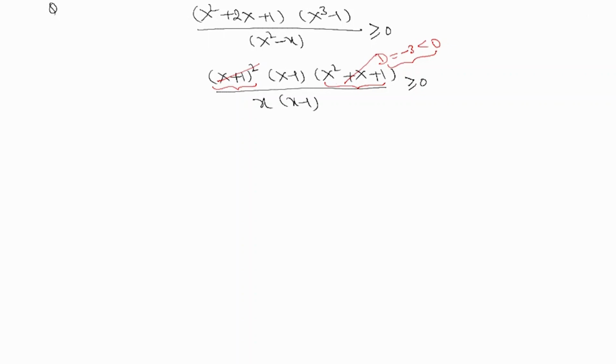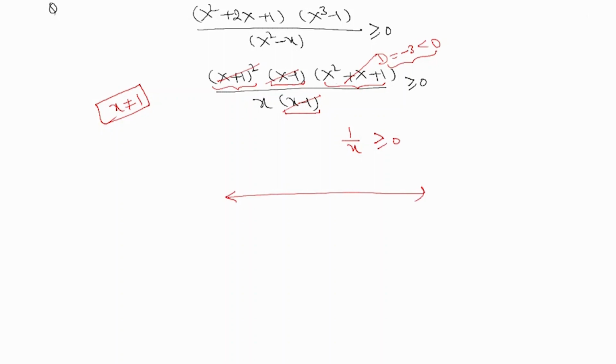Now what I see is x minus 1 in the numerator and x minus 1 in the denominator also. So that means effectively there is no sign change at x minus 1. So I can remove x minus 1 from numerator and denominator both. But since x minus 1 lies in the denominator, I need to write that the value of x cannot be 1. So what I'm left with is 1 upon x, and it should be greater than or equal to 0.